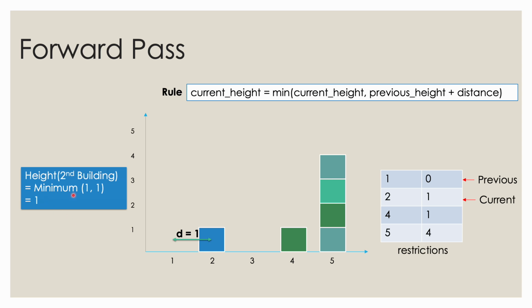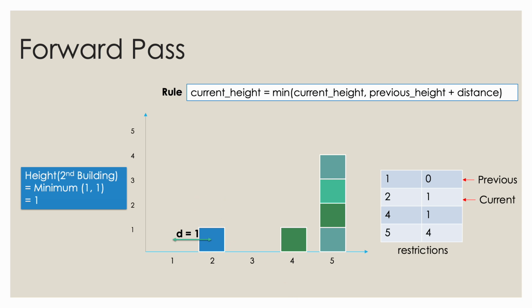But why did we take the minimum? Let's just assume that from the left side, building 1 had a height of 1. Just giving an example, it's not the case here. And my distance was 1. So now my left side restriction says that if I have to maximize the height, I can make this 2. My second building height could be 2.